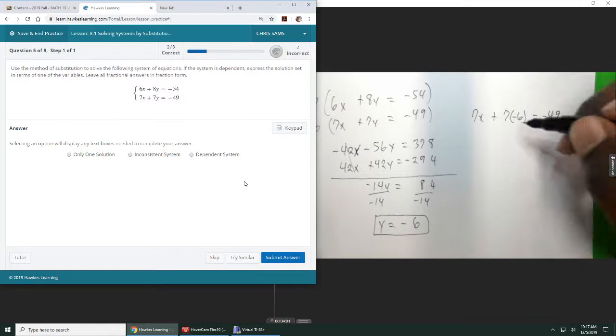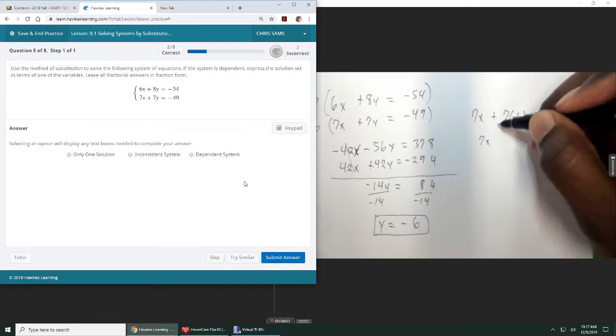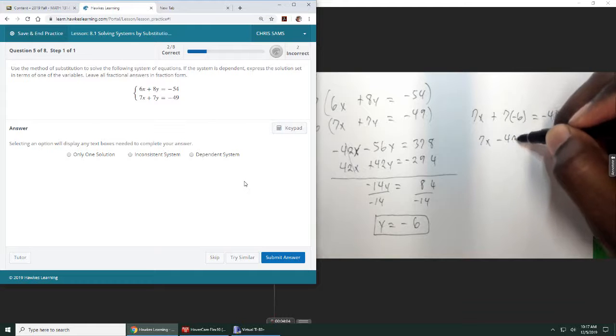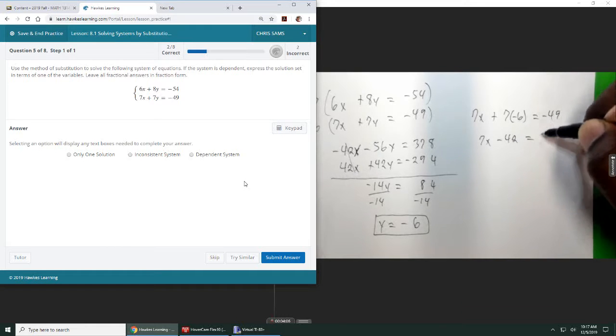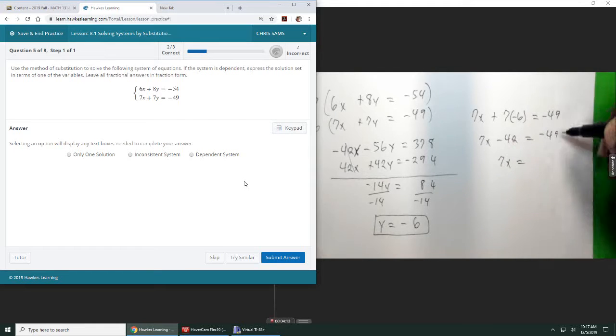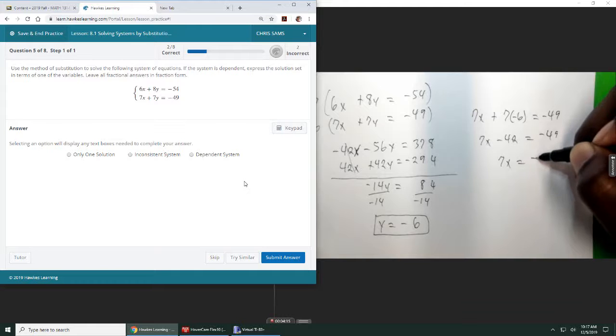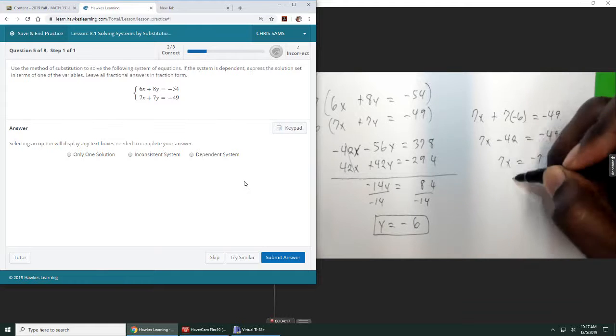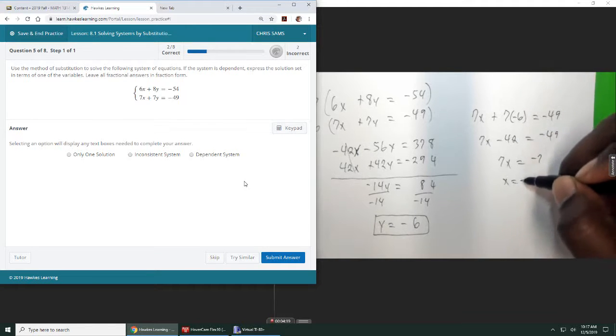And then we're going to multiply, so we get 7x minus 42 equals negative 49. We're going to add 42 to both sides, so we end up with 7x is equal to negative 7, and then divide by 7, and we get x equals negative 1.